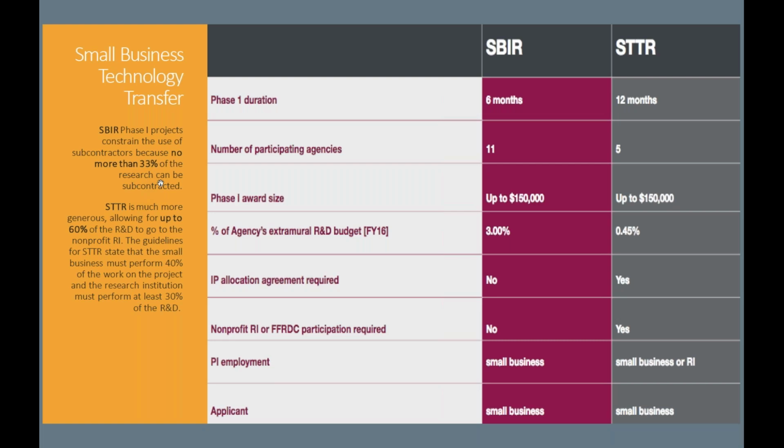So then 66% of the work needs to happen within the small business. That's a big difference. So it's critical to think about what you're planning to deliver and your capabilities within your organization, and that would help you determine which is the appropriate route for you.